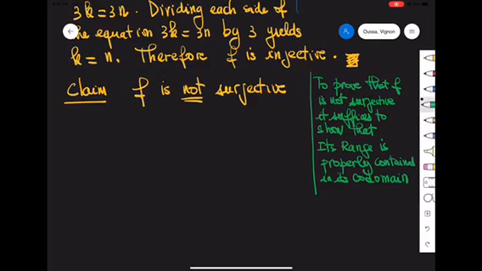In other words, I have to find an element of the codomain which is not inside the range of the function.